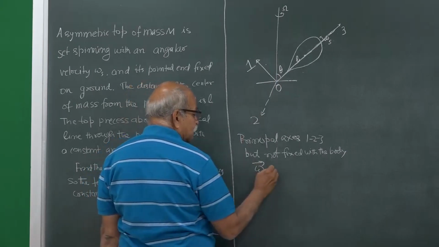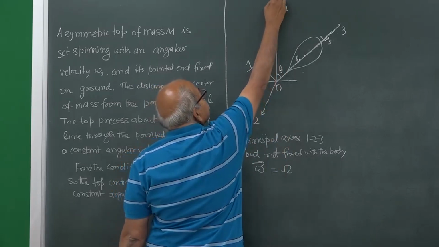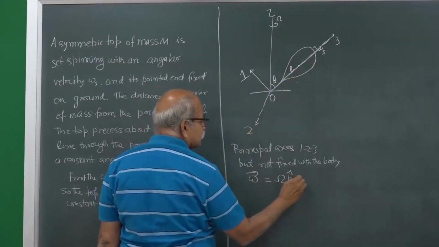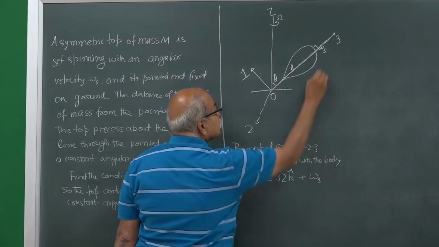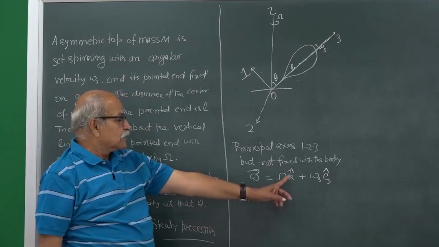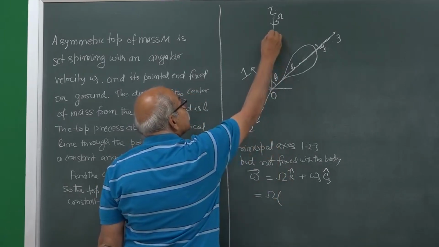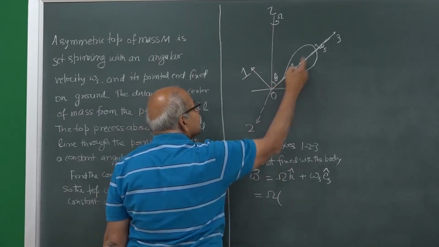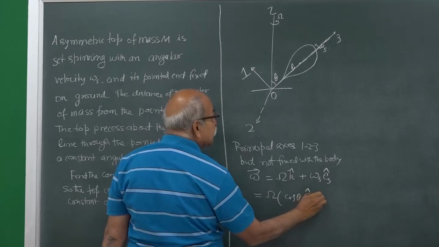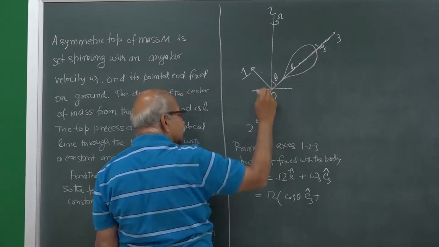So, the angular velocity will be this omega, let us say along the z axis, omega k cap, because of that precession, and then because of the spin, this is omega s in the E3 direction. And this k you can also write in E1, E2, E3. This k vector will be cos theta times E3 vector, plus sin theta times E1 vector, that is, cos theta in this direction and sin theta in this direction.